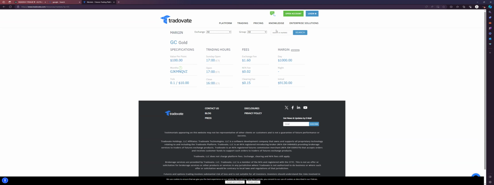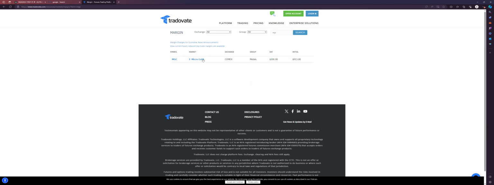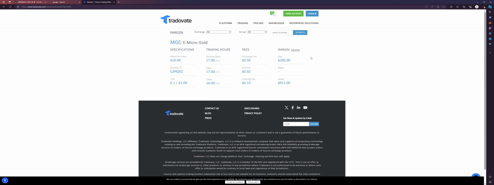And then if we go to micro gold futures, if we want to trade the micro gold because maybe the mini is too expensive. Like I said, for my micro gold, it's 1/5 of the margin requirement, but it's 1/10 of the difference for how much we move per tick and per point.